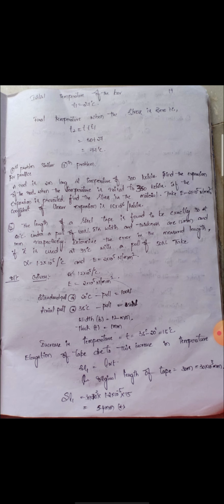So delta L1 equal to 30 into 10 power 3 into alpha, 1.2 into 10 power -5 per degree centigrade, into t, which is the increase in temperature, 15. So delta L1 value is 5.4 mm, a positive value.